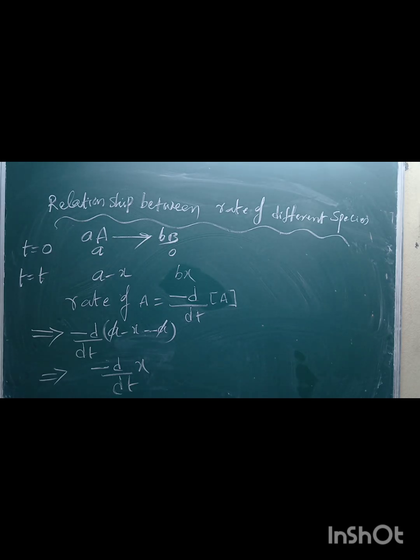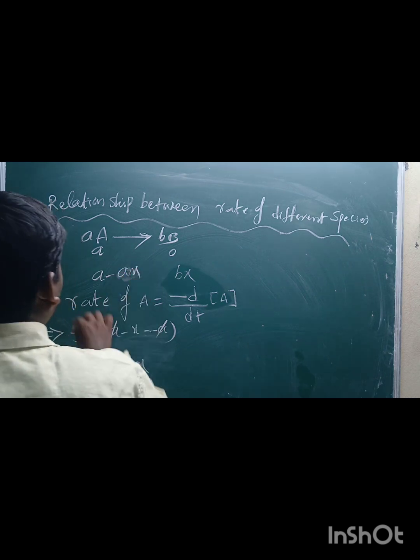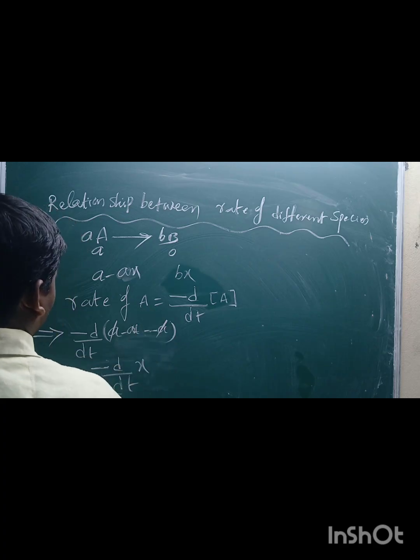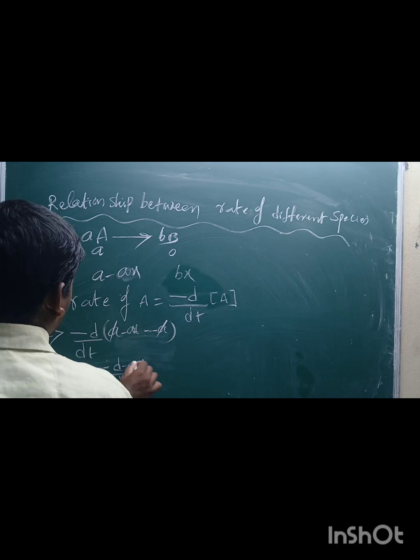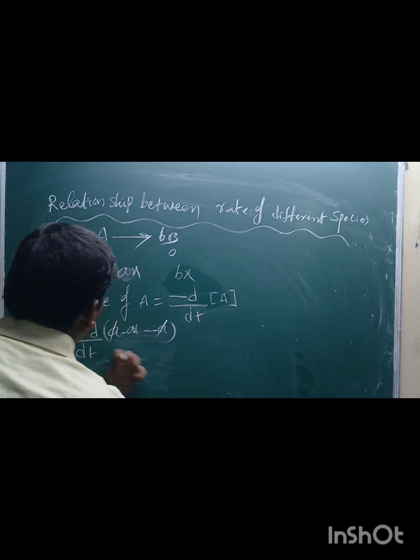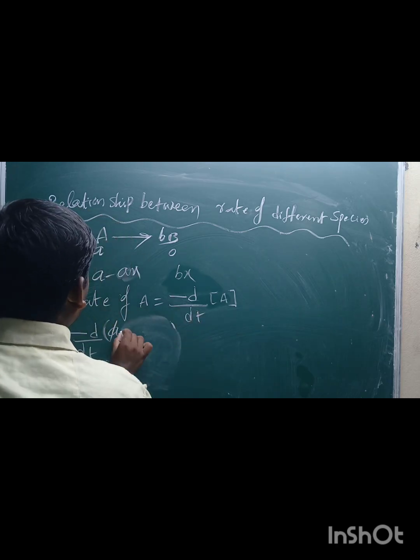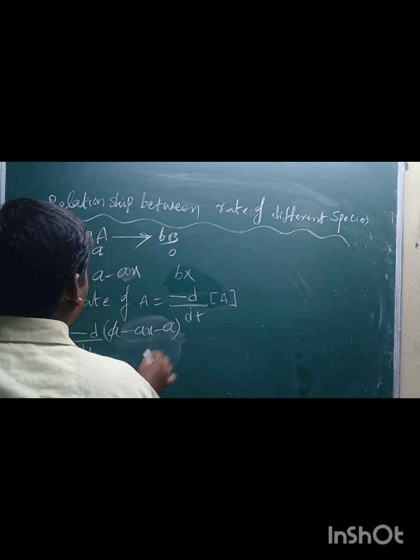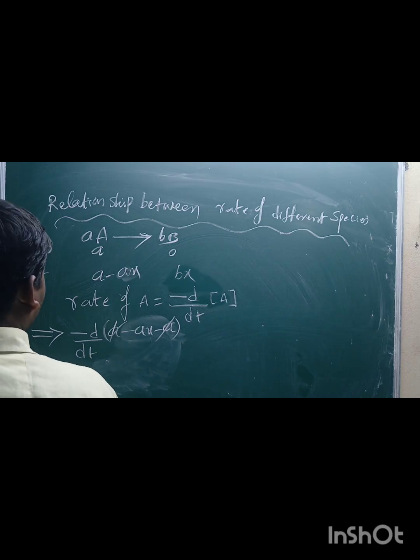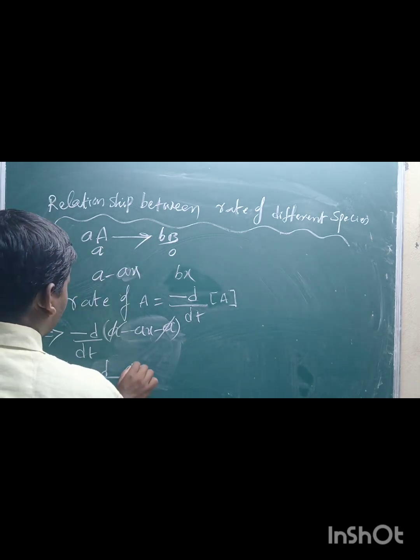That is equal to ax minus ax. Here minus a, minus of minus plus, minus a plus a gets cancelled, minus of minus plus d by dt of ax.